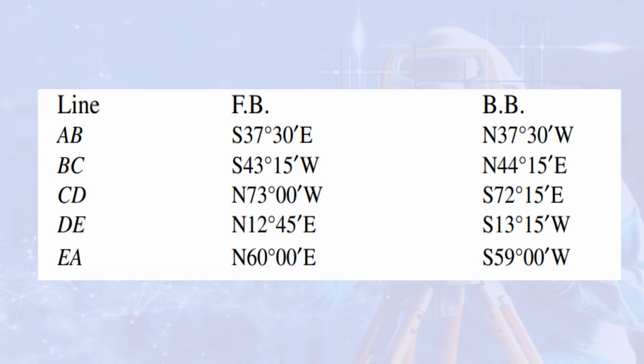The following bearings have been given in a closed compass traverse. Lines have been given as AB, BC, CD, DE and EA, and the forebearings and back bearings are given as you can see. We have to compute the interior angles and correct them for observational errors.